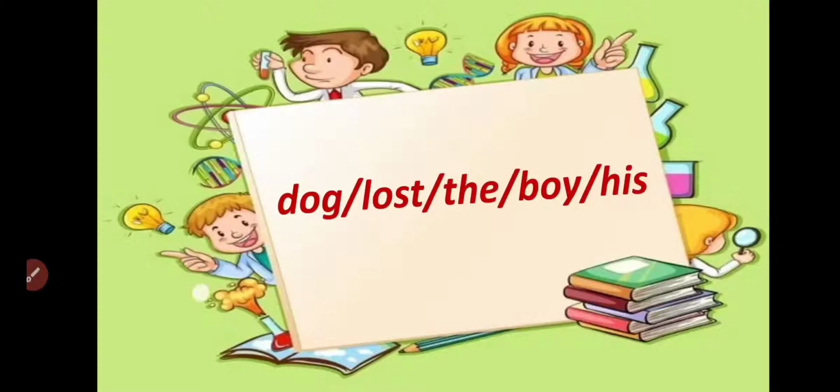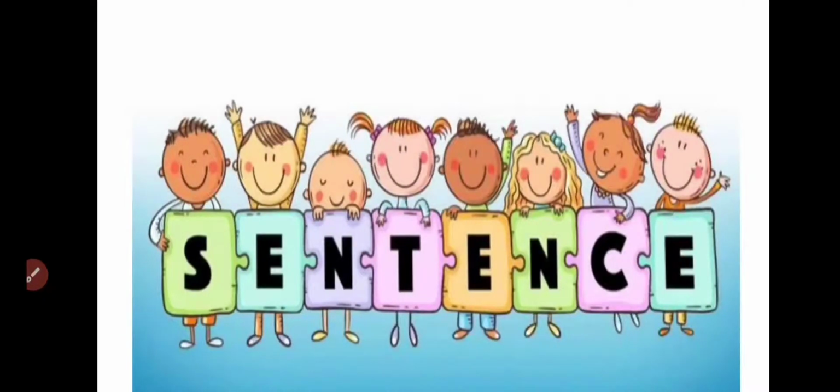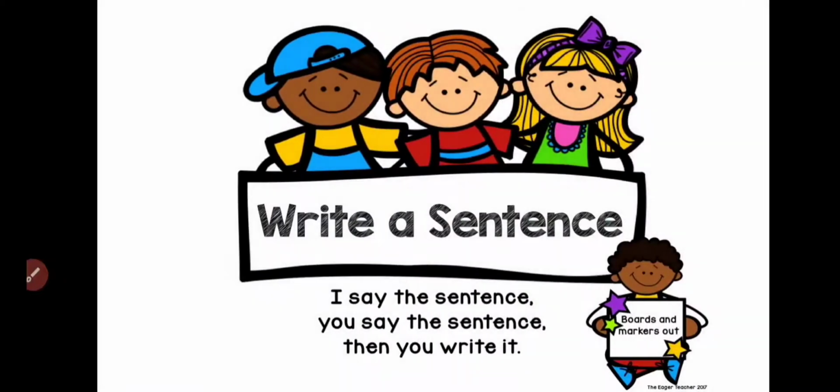So, let's get to know how to make a meaningful sentence. Here, I say the sentence, you say the sentence, then you write it. Whatever you say or your friends say, all of that is sentences.